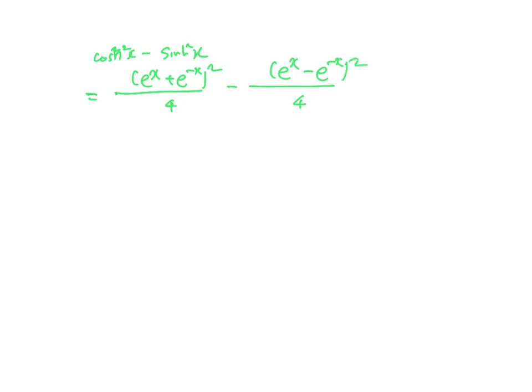Let me say four times exponential x square minus 4 times exponential x square, 4 times e to the 2x plus 2 minus 2x minus 4 times e to the 2x minus 2, 2x.